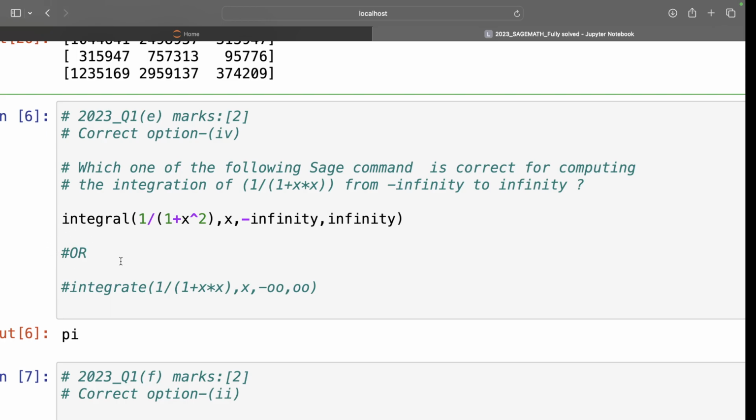Or you can write this command, integrate 1/(1 plus x square) comma x comma minus double small o comma double small o, this also means infinity. The correct answer is 4.